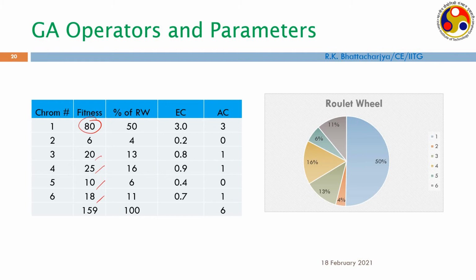Because the fitness is very high, it will occupy more space in the roulette wheel. In this case it has occupied almost 50% of the roulette wheel, but the other solutions occupy a lesser percentage: 4%, 13, 16, 6, 11, and altogether it is 100%.